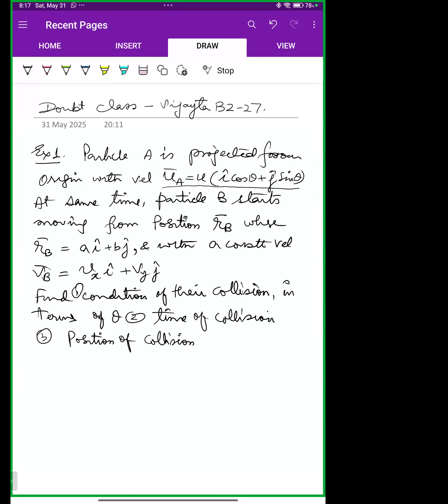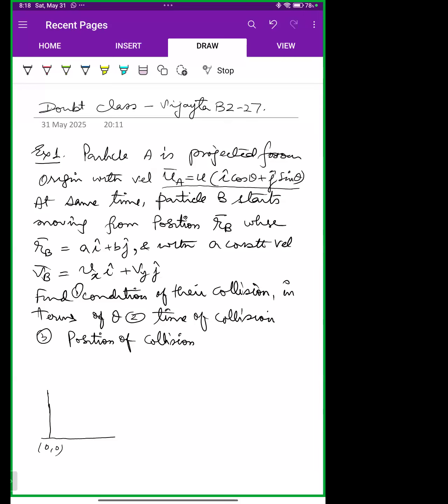So I will draw the diagram. It is here like this. This is origin, 0, 0. In case of projectile, we will only write 0, 0 because projectile motion is a two-dimensional motion.